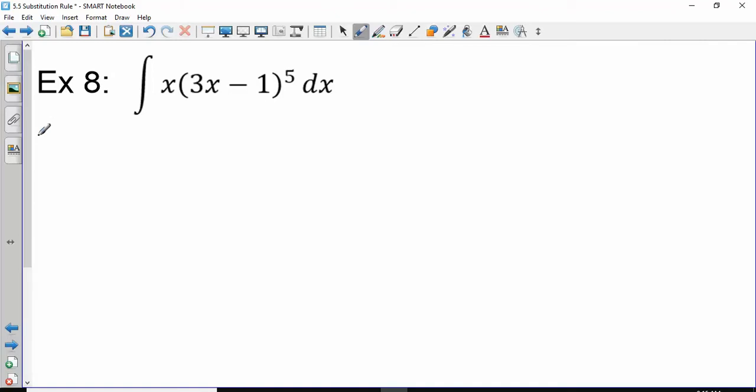Last one. What's my u here? 3x minus 1. So then du, derivative of 3x minus 1 is 3 dx.